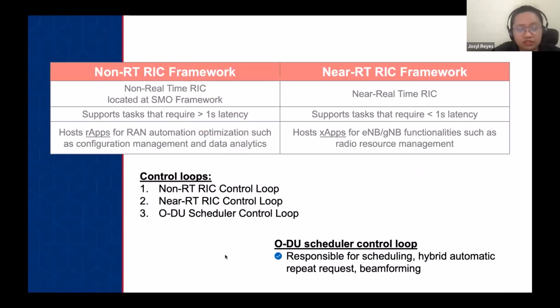We have the non-real-time RIC control loop and the near real-time RIC control loop, as well as the ODU scheduler control loop. This one is within the ODU. It is responsible for scheduling the hybrid automatic repeat request and also beamforming.